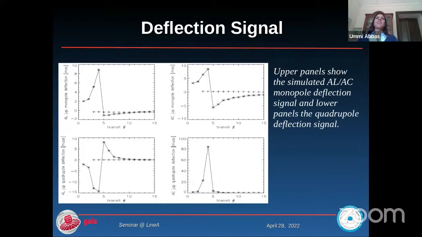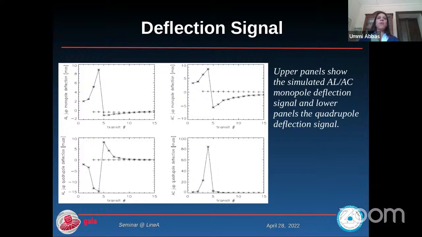The target star is the one that was observed closest to the limb of Jupiter. And for this particular target star, on different transits, in the case I was showing about 15 transits, high cadence close to Jupiter, this is how the deflection effect would look.